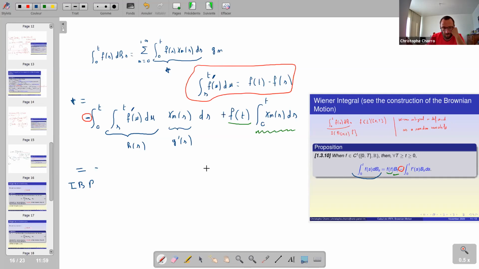I have a minus before, and I apply my integration by parts. So I have h of s times J of s between 0 and t, minus the integral between 0 and t of the derivative of this one. What is the derivative of this one with respect to s? It is minus f prime. So I have a plus here, and I have f prime of s times Kn of s ds.